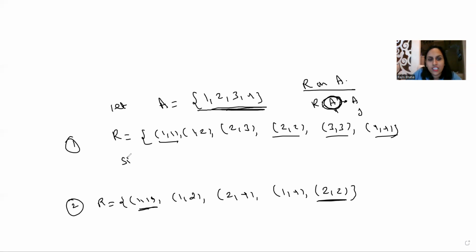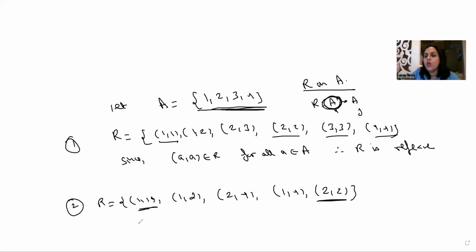I'll say that since (a, a) belongs to R for all a that are elements of A, therefore our given relation is reflexive. And in the second, we will say (1,1), (2,2) are present, but (3,3) and (4,4) are not present, so we'll just give an example: since (3,3) does not belong to R, therefore it is not reflexive.